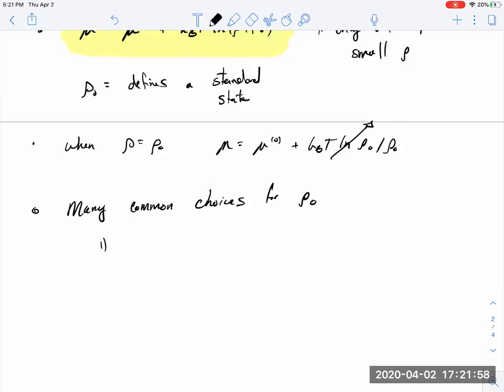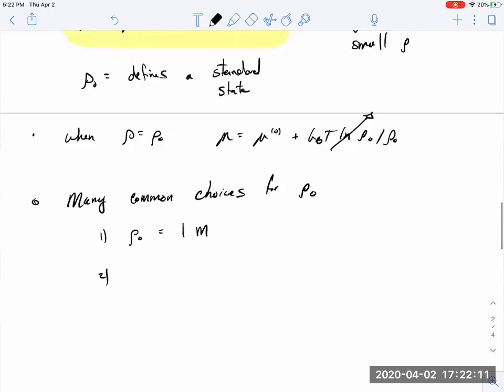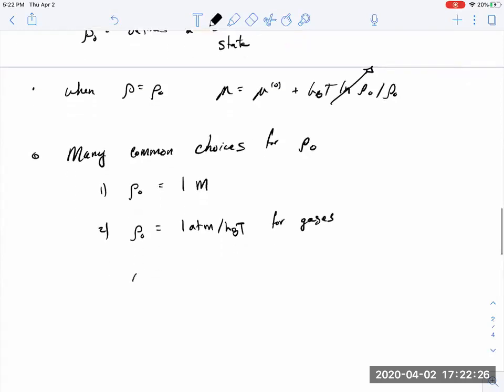And now there are lots of common choices for a standard state. So one that's often used is to say that the reference concentration is equal to 1 molar. Another common choice, which is not so much used for solutions, but for gases, would be to say that rho naught is 1 atmosphere per kBT. Why ever would you use that as a standard state? Well, mu is equal to mu naught plus kBT log.